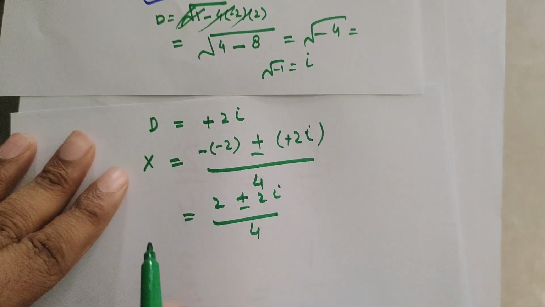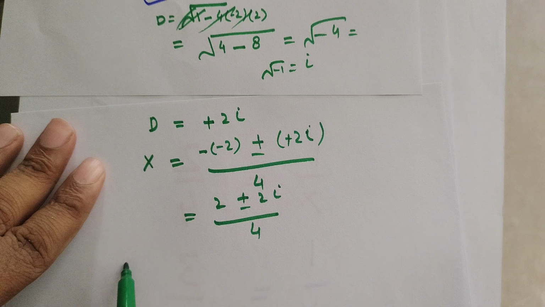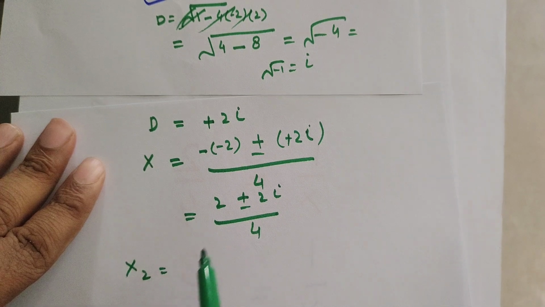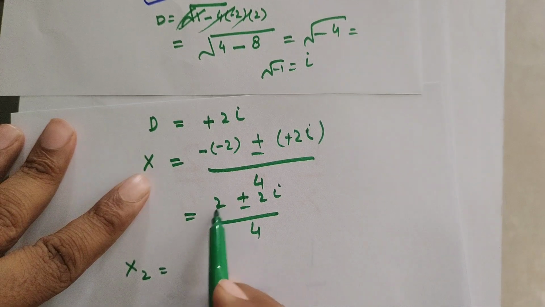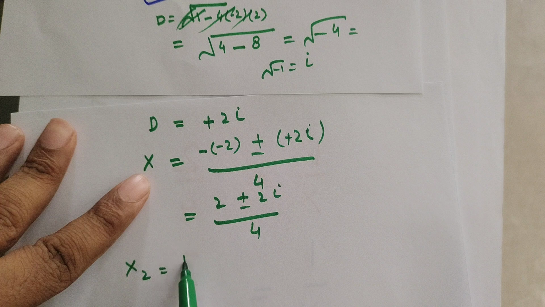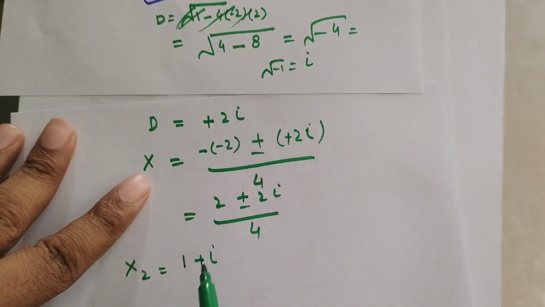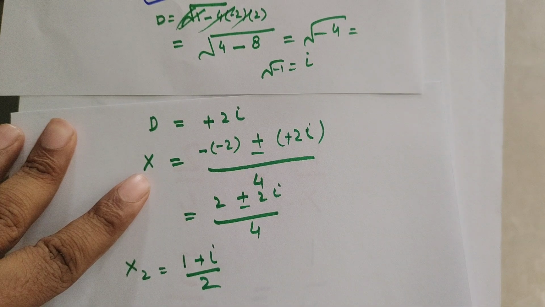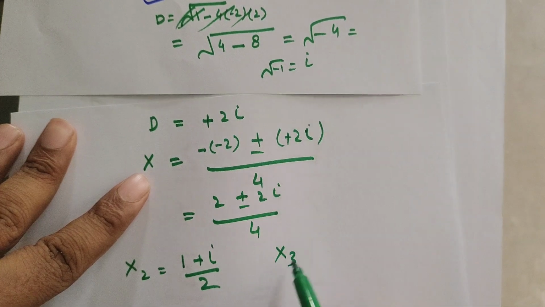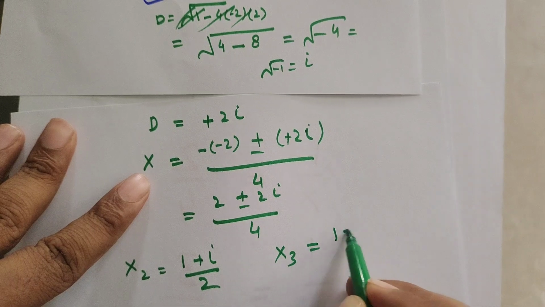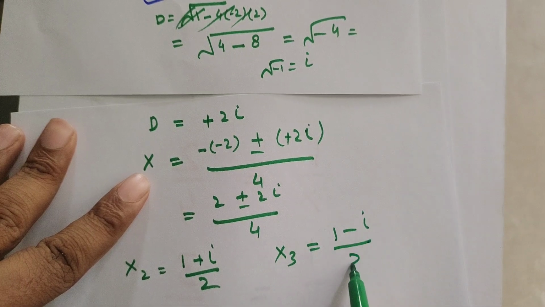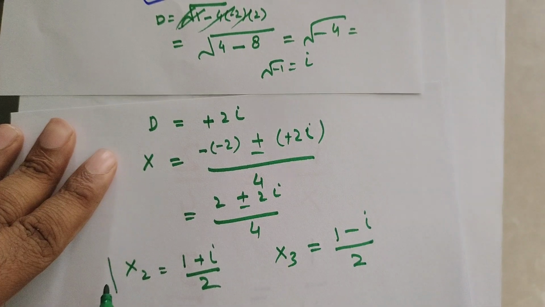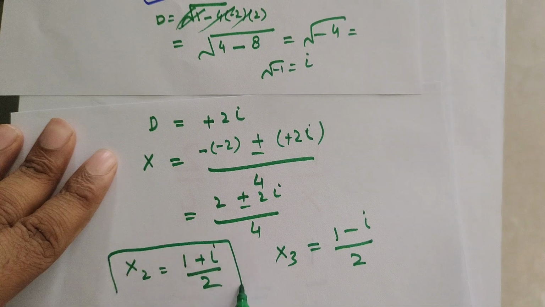We can write x2 by taking 2 as common: x2 is simply 1 plus iota over 2. And x3 is simply 1 minus iota over 2. So these are the values of the other x.